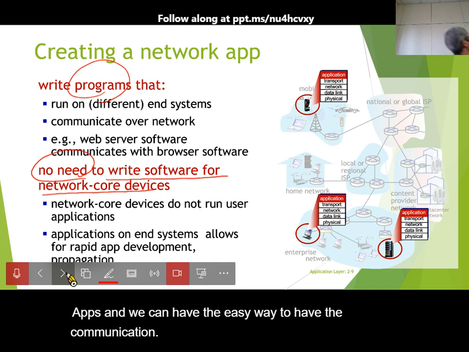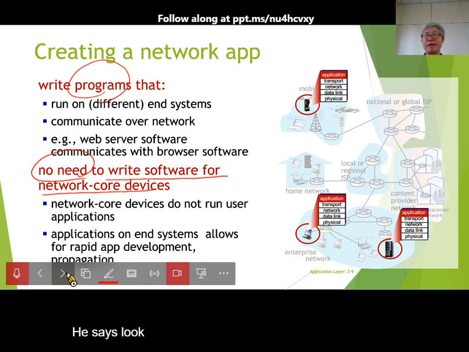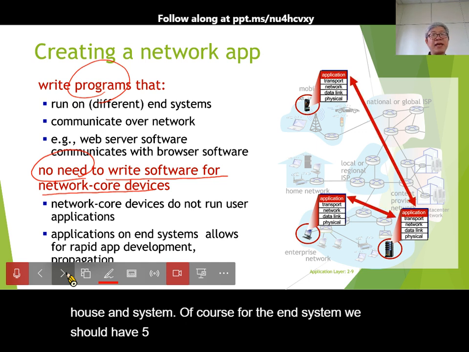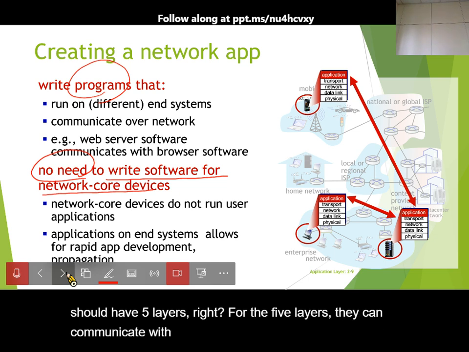Well, look at the current picture. We can have the host and system. Of course, for the end system, we should have 5 layers, right? The 5 layers can communicate with each other, and we don't care about the core of the network.